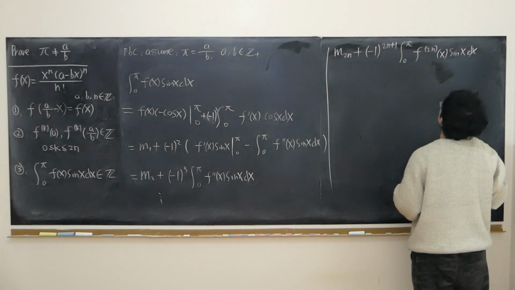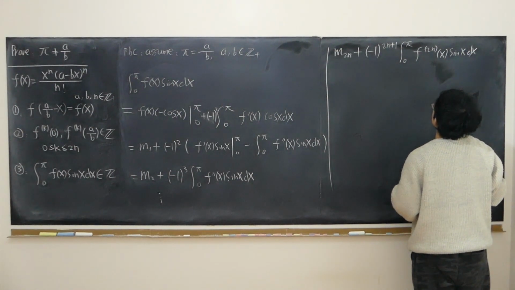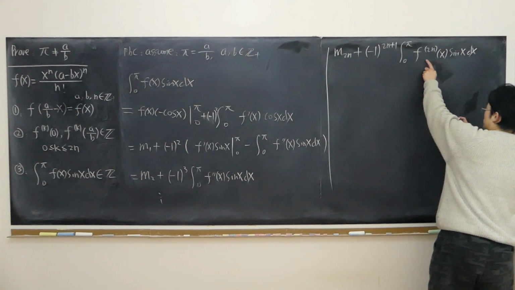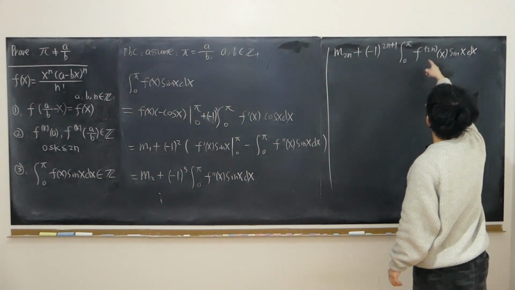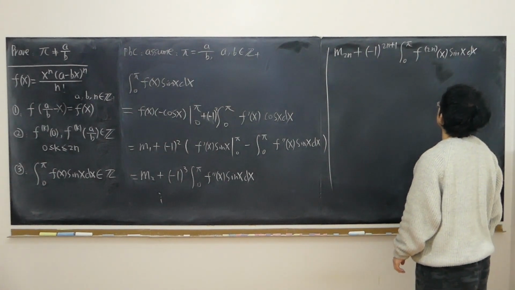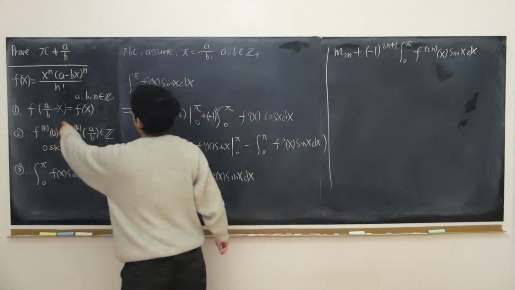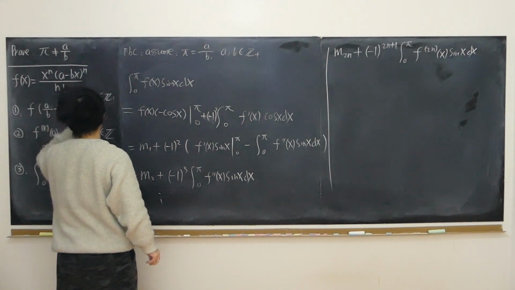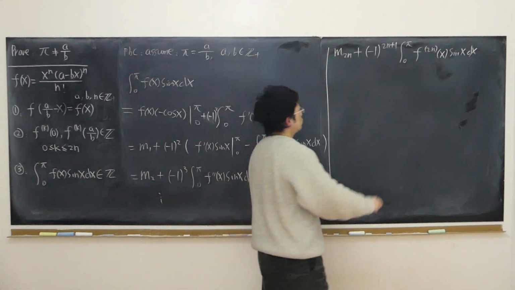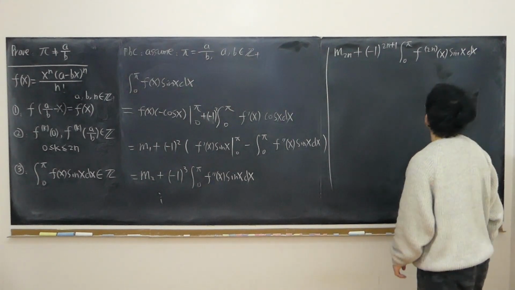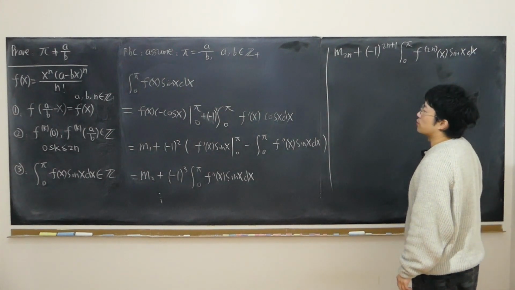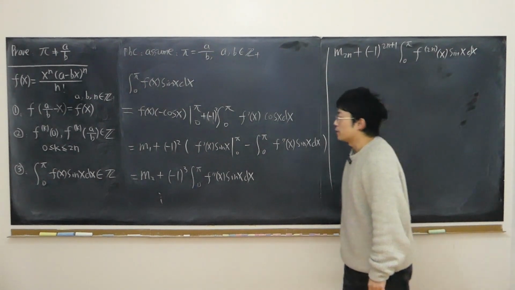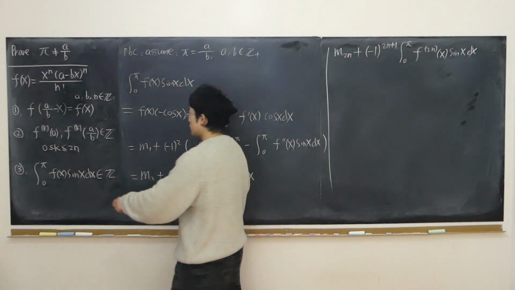Now, in this case, let's look at the 2nth order derivative. I claim it is an integer. The reason is that the degree of f is exactly 2n, so the 2nth order derivative will turn our function into some constant, and this constant has nothing to do with x.